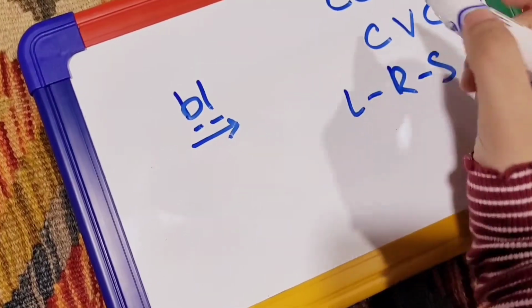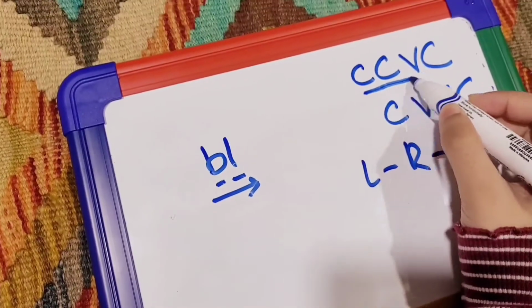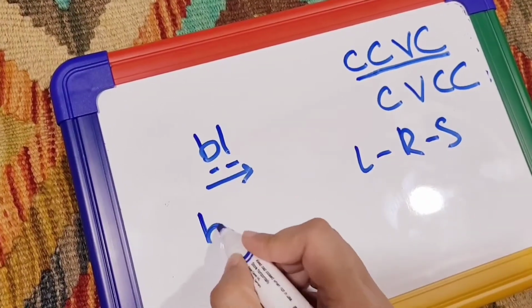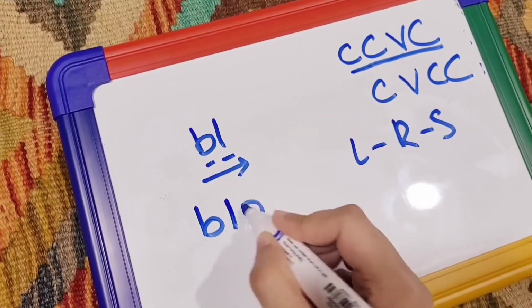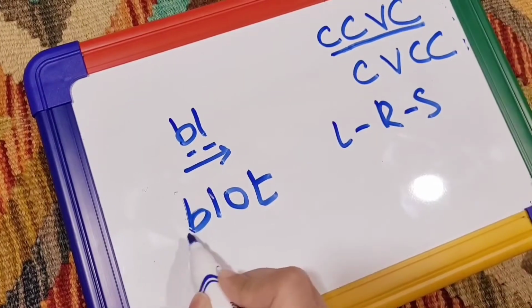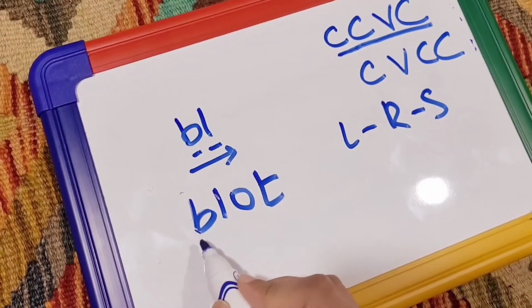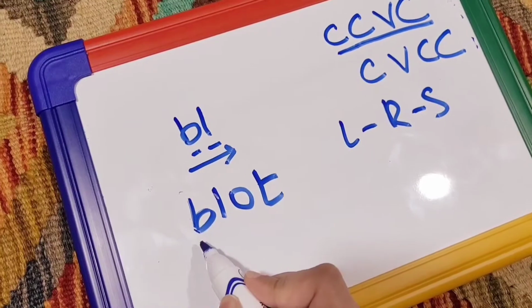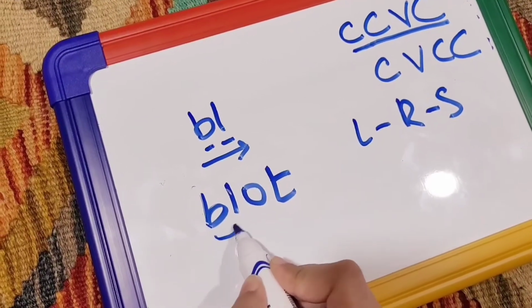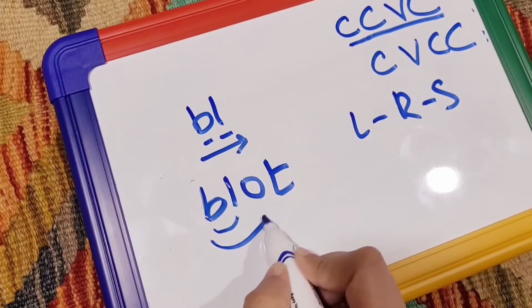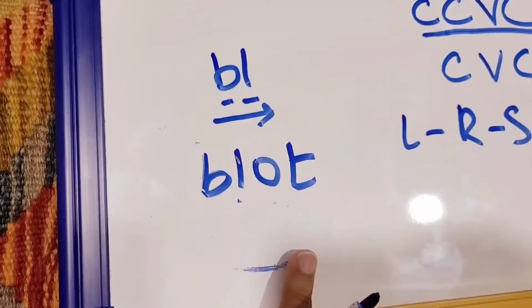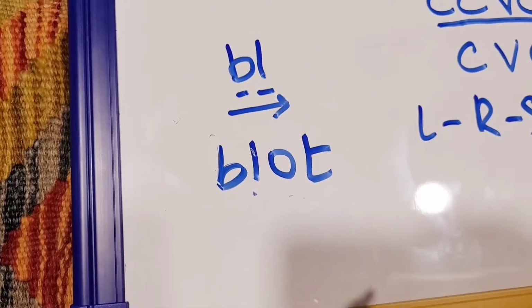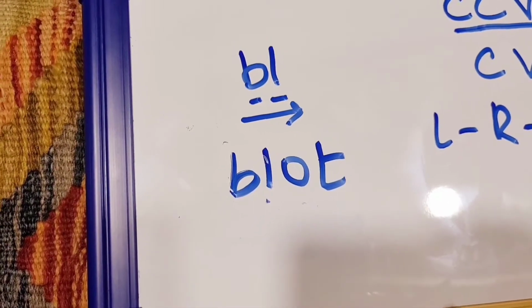So you are going to give them CCVC words like bl-ot, blot. You can teach them like this: bl, blah, blot. You will teach them exactly how you taught CVC.